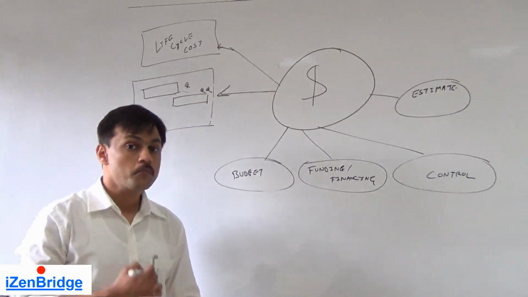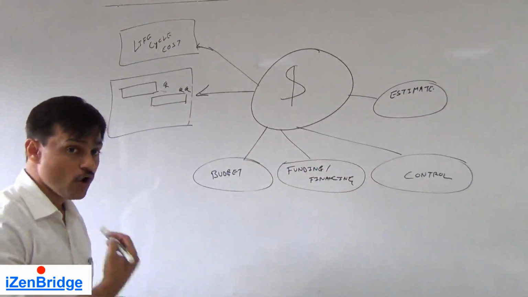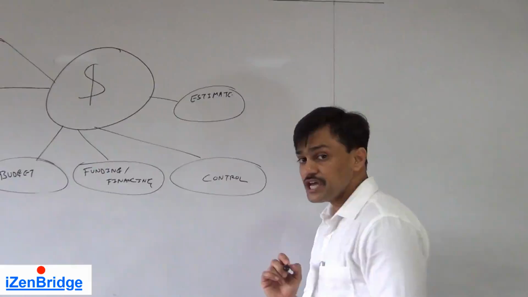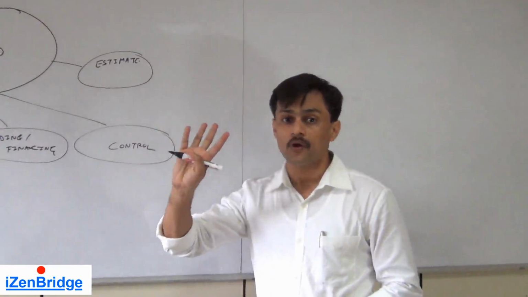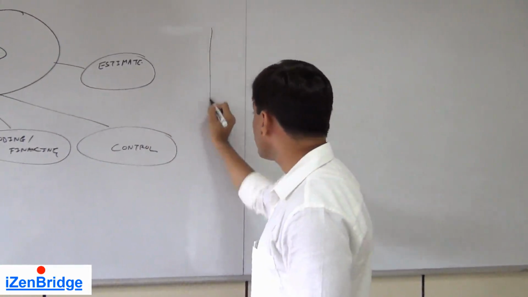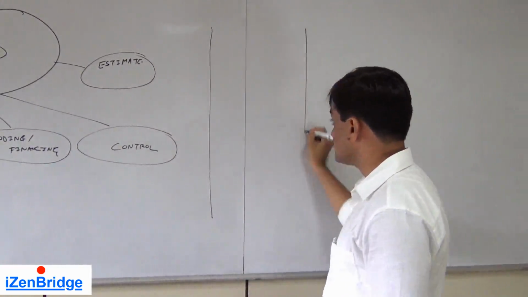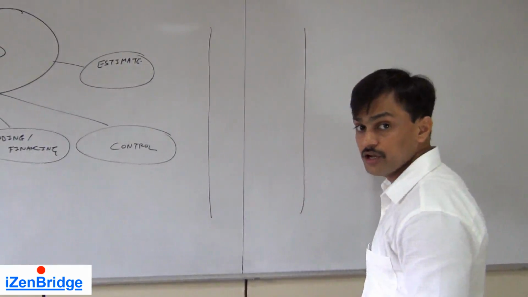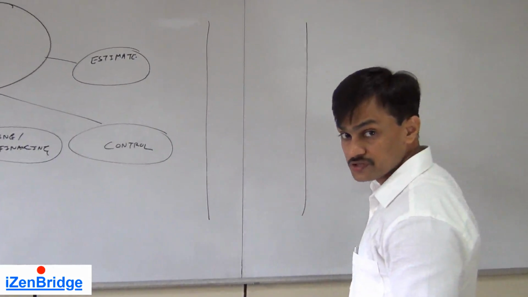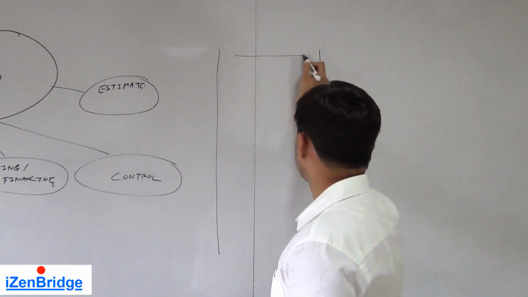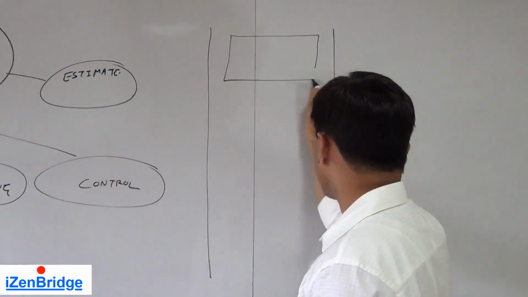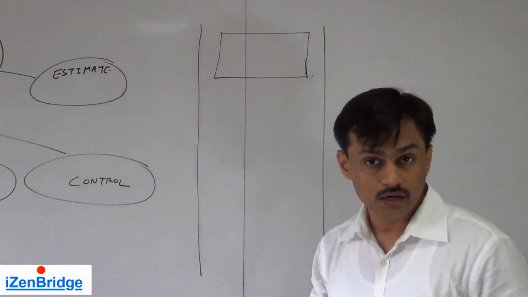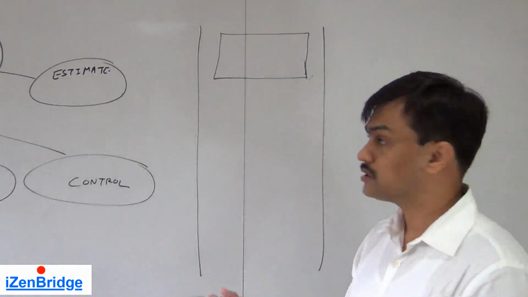Let's talk about the processes of the project cost management knowledge area. In project cost management, we have 4 processes. Out of the 4 processes, 3 are in the planning process group and 1 is in the monitoring and controlling process group. The first process of project cost management is plan cost management.